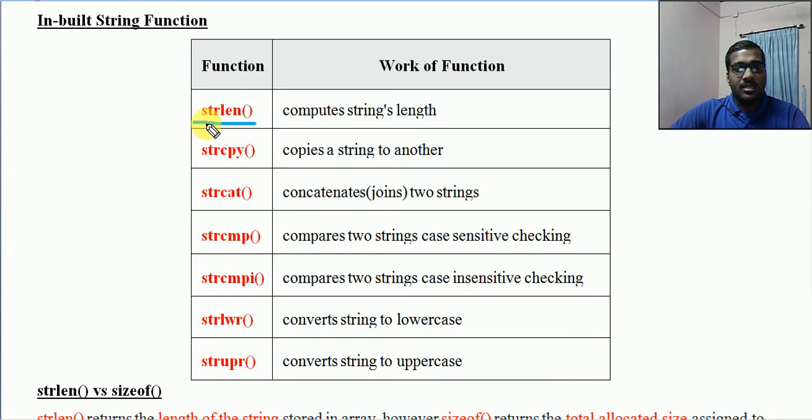So strlen is a function, that is why we have a pair of parentheses here, which indicates a function. strlen is used to find the length of a string. So if I am typing my name, what is the length, how many characters are present in that particular name. We will see that soon.